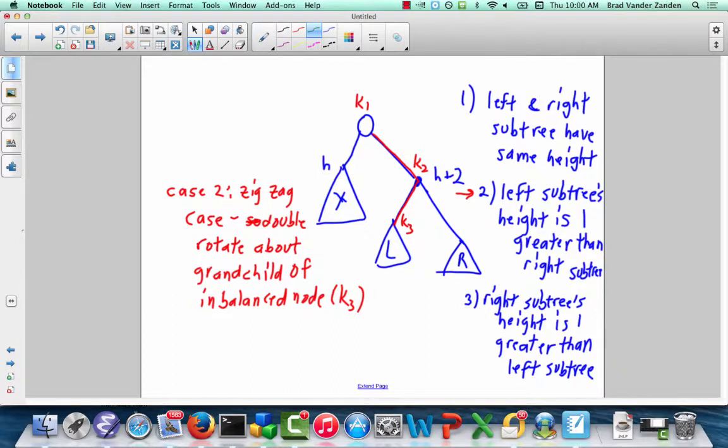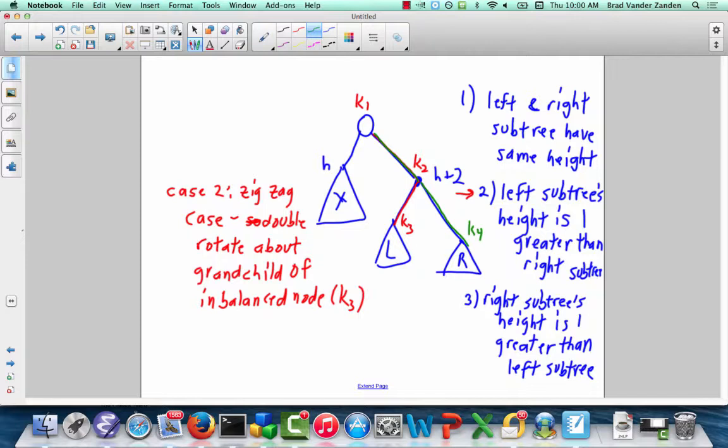Okay, so that was case 2. Case 3, we're going to assume that the right subtree has the greater height. So the imbalance is like that. That's a zig-zig situation. We'll call this K4. So if it's a zig-zig, how do we rebalance?